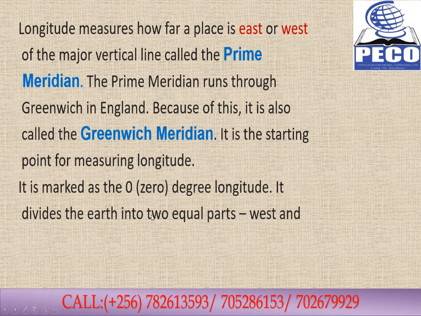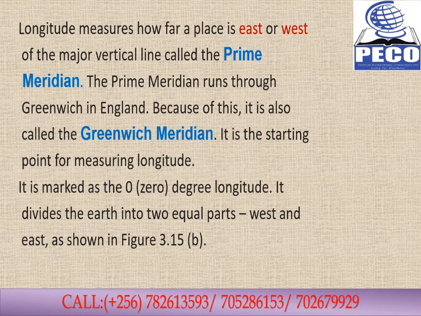It divides the earth into two equal parts, the western part and the eastern part, and we've already seen that in figure 3.5b. The importance of this line is determining the time zones, or time, that different places in the world have.